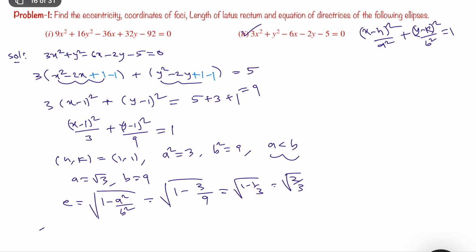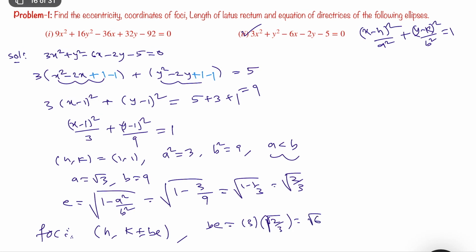Foci. What are foci coordinates? For a less than b case, foci coordinates are going to be h comma k plus or minus be. First of all, what is be here? b is 3 and e is root 2 by 3. So it's going to be root 6.